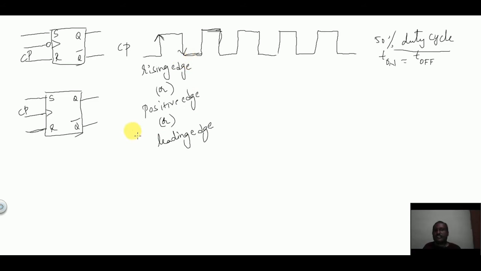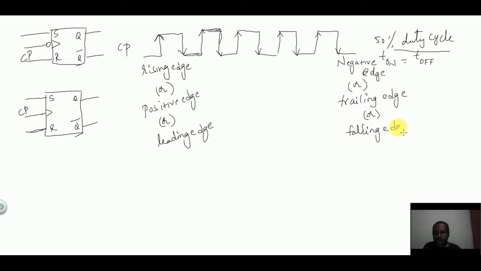It continuously has positive edge, negative edge, positive edge, negative edge. The other type of edge is called the negative edge, or trailing edge, or falling edge.